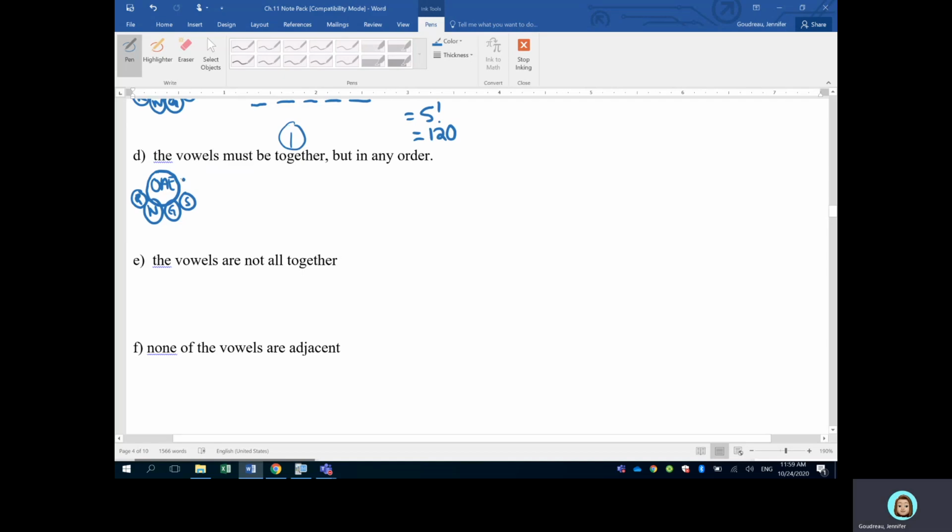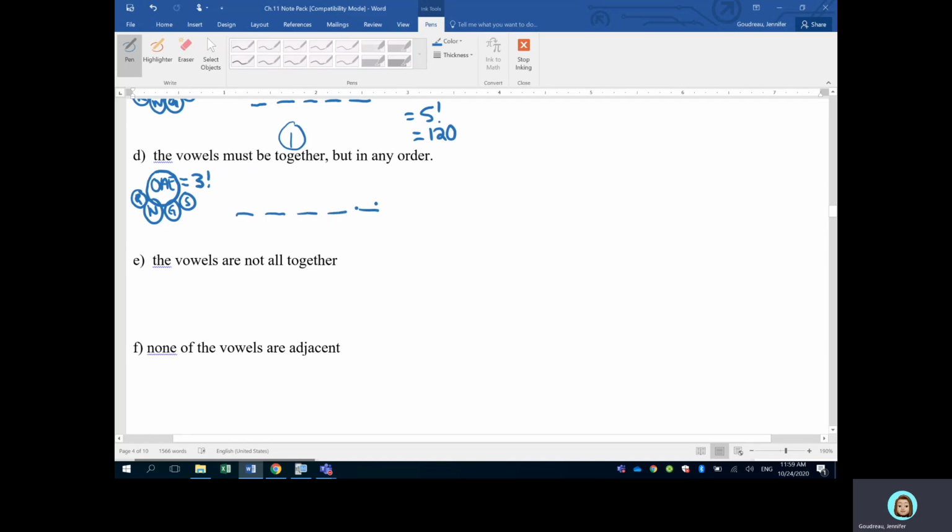So when I go in and look at my arrangements of O, A, and E, I have multiple orders. Since there are 3 items inside that circle, I can arrange those 3 items 3 factorial ways. Then I go ahead and arrange the 5 items that we have.